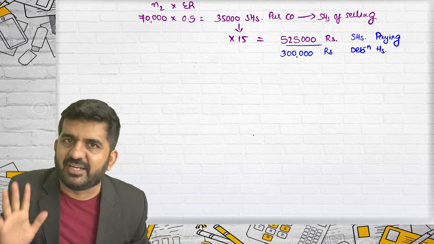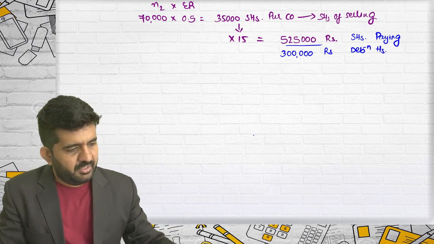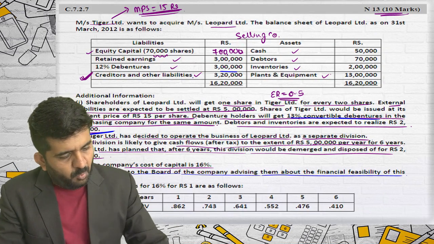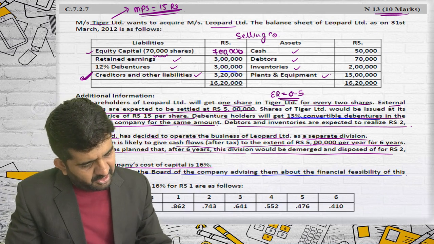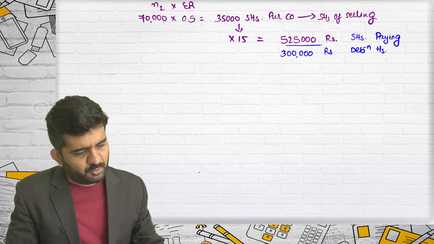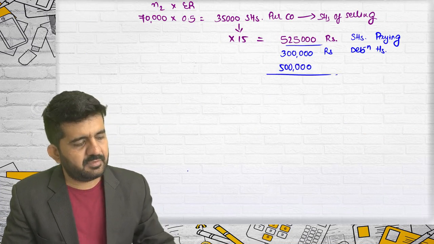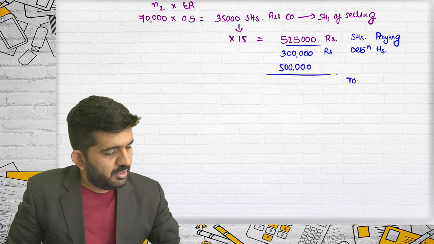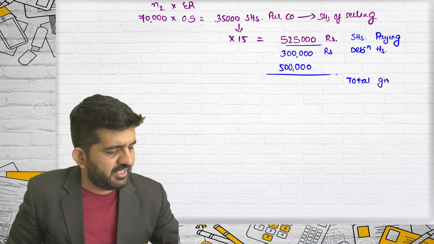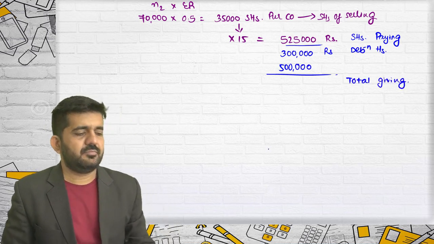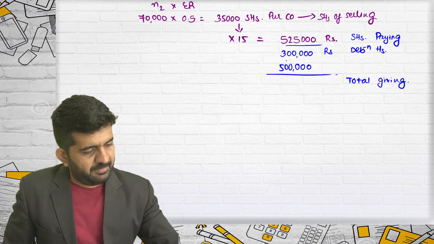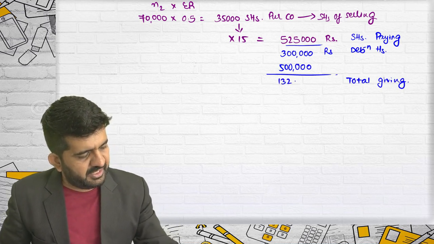I totally agree, that's correct. Then, what will be given to creditors and other liabilities is 5 lakhs rupees. This is the total you will be giving. What is the amount? 13 lakh 20.